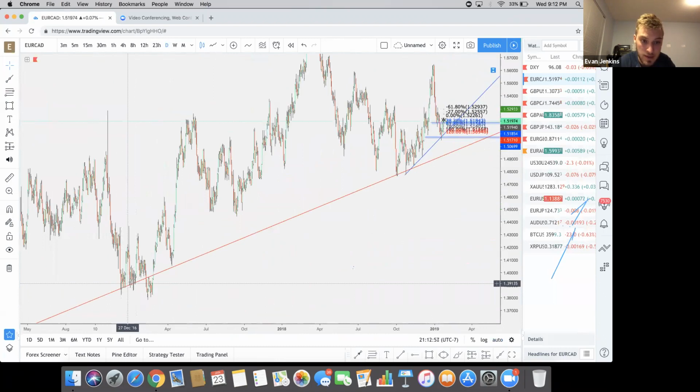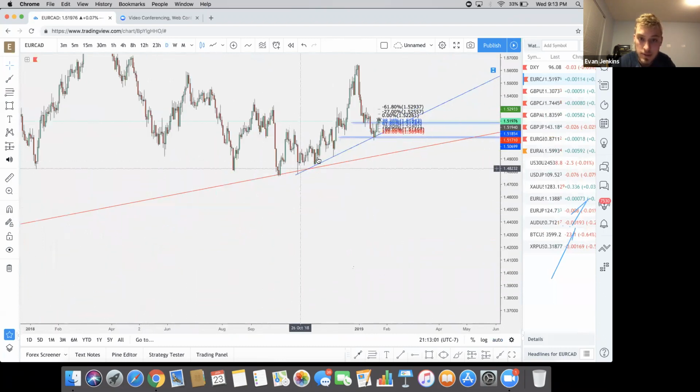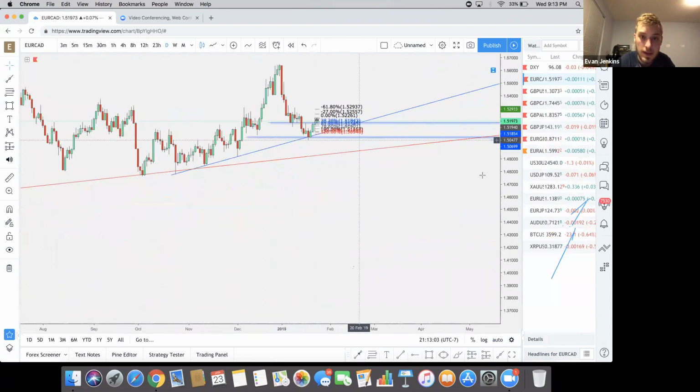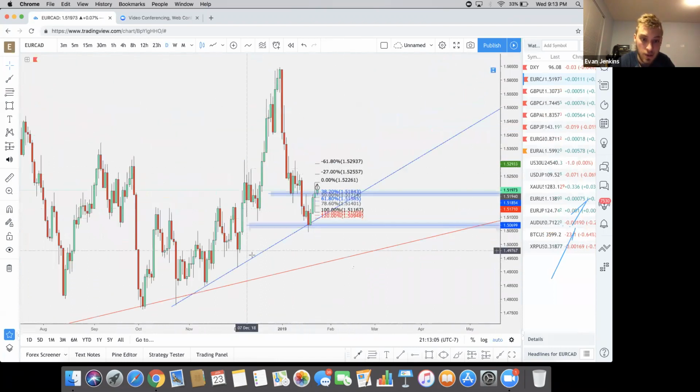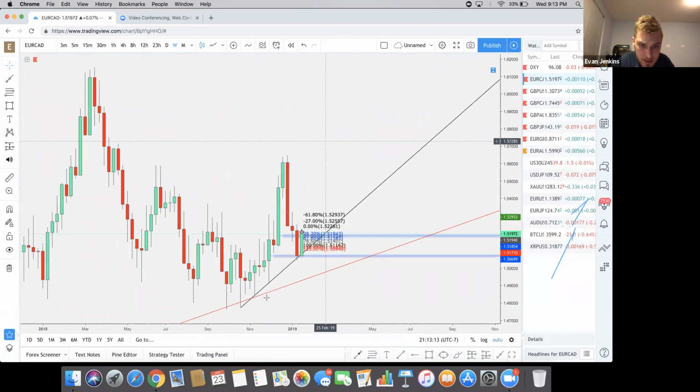So you can see all these bounces off the monthly trend line. Bounce, bounce, bounce, bounce. And then we have this little inner weekly trend line. This isn't the daily one. If we step up to the weekly, you see that I drew this trend line from this wick and got this one in there, this one, and now we're getting this rejection off of there.